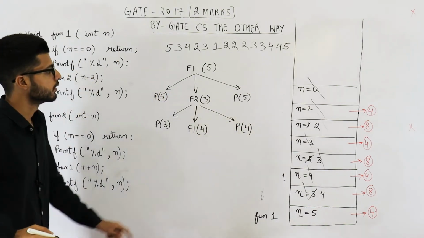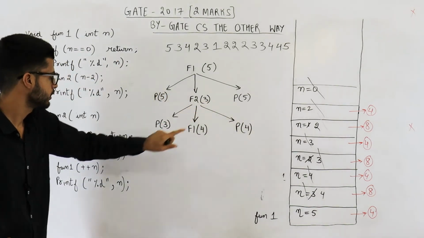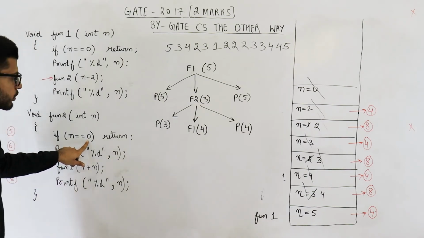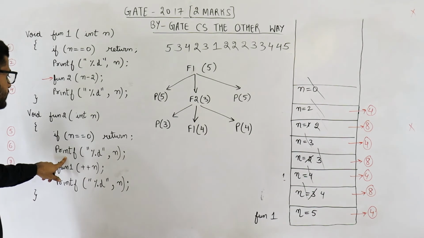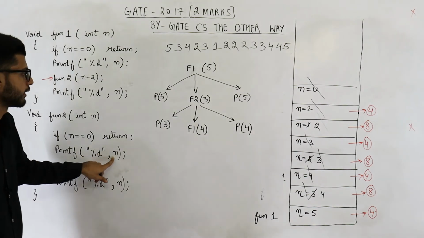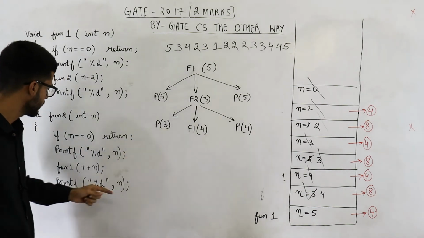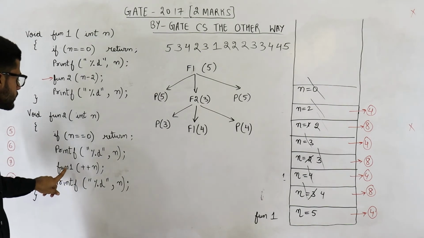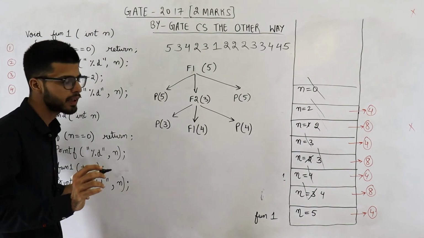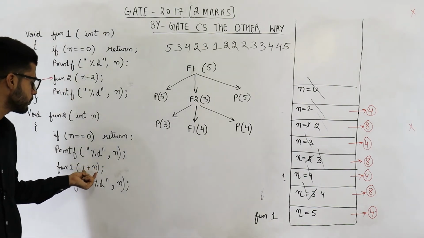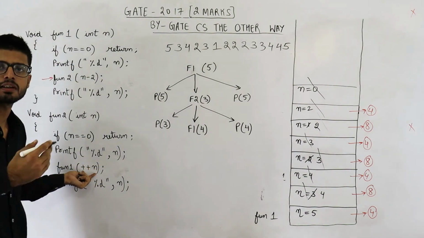Now see, fun2 is called with value 3. 3 is not equal to 0, so return will not be executed. First line that will be executed is printf n. That means printf 3. Then second line that will be executed is fun1 plus n. So current value of n is 3, and by executing plus n, we have incremented that value.